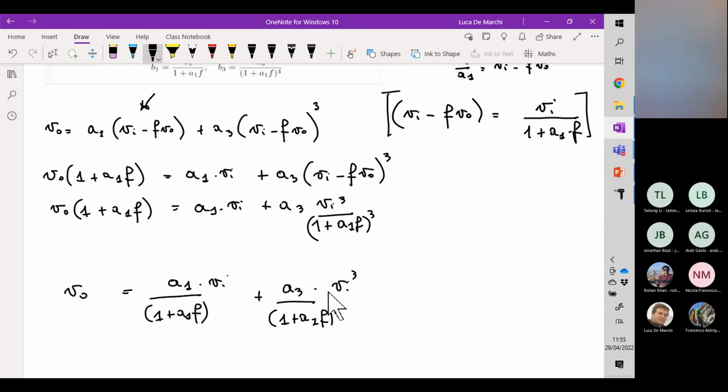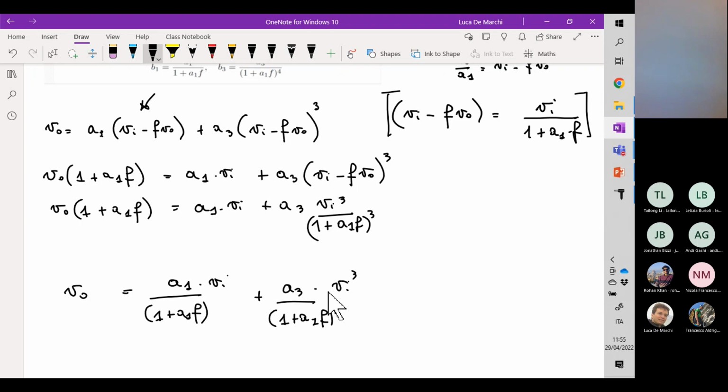Concerning VE, we do have that VE is linked to VI on the basis of this formula, but VI is null when we compute the output impedance.